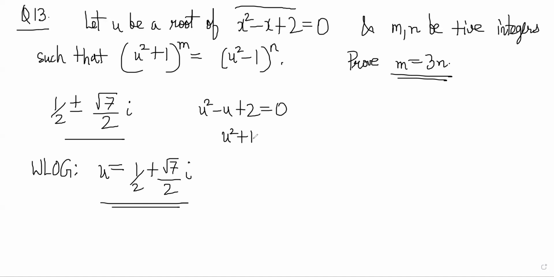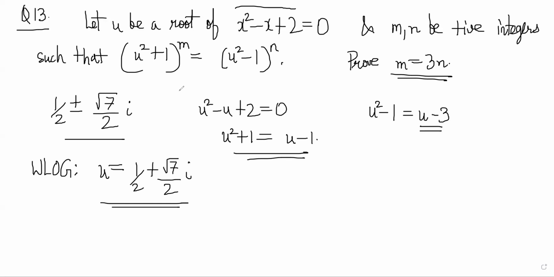So u square plus 1 is clearly u minus 1. Also, what is u square minus 1? u square minus 1 would be u minus 3.